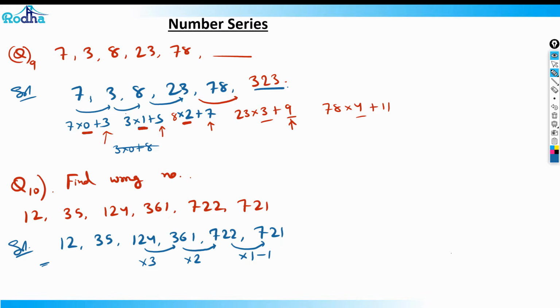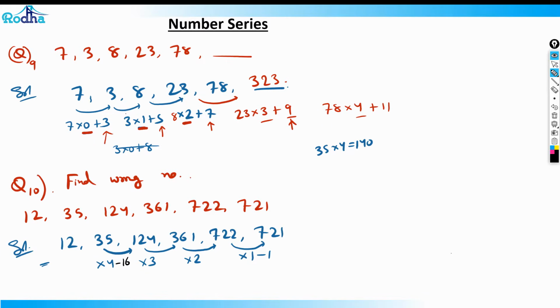And 35 into 4 is 140, and 140 to 124, so it is into 4 minus 16.